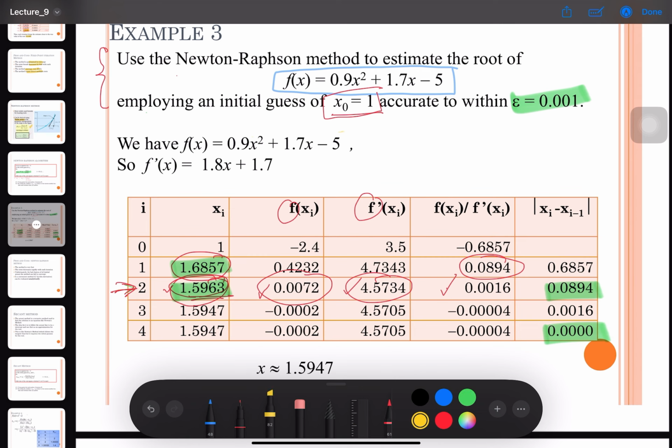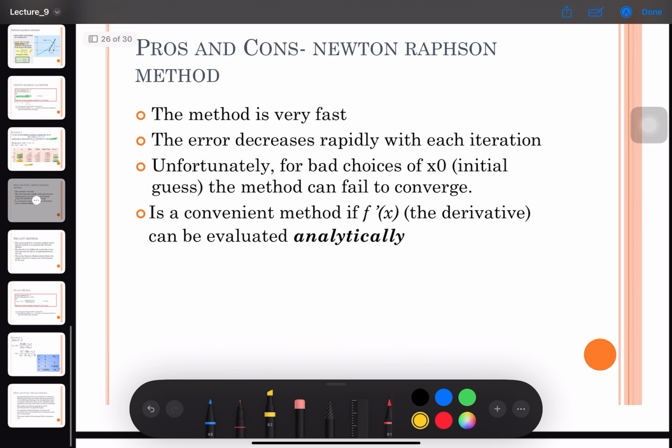So which one is your answer? Your answer is in the column xi, here in the last row. So that is your final answer. Okay, still there are pros and cons. The pros is the method is very fast, error decreases rapidly, but the cons is bad choices of x0 can make the method fail to converge.